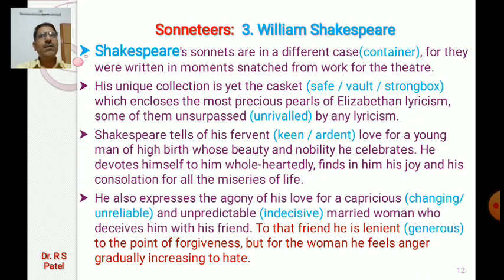Cascade means the jewelry box, a safe box or vault into which precious ornaments are preserved. As we preserve our precious ornaments in a very safe box, the same way the sonnets published by William Shakespeare have been stored or reserved in a casket.